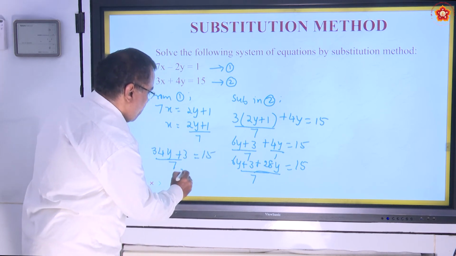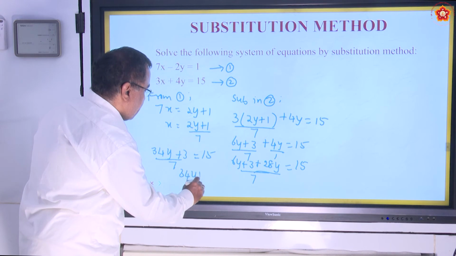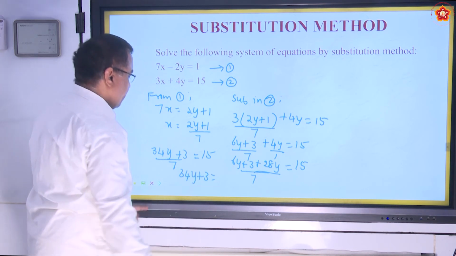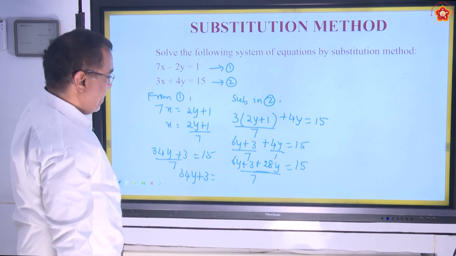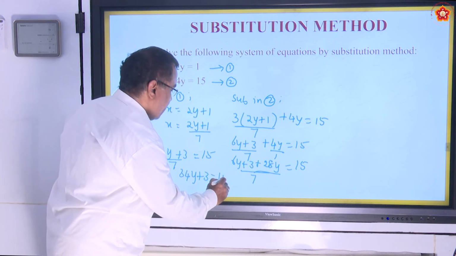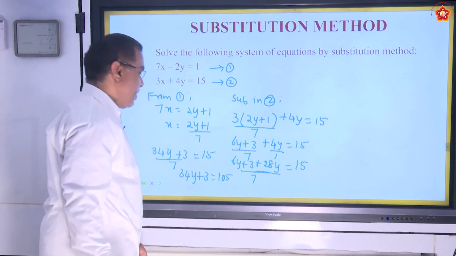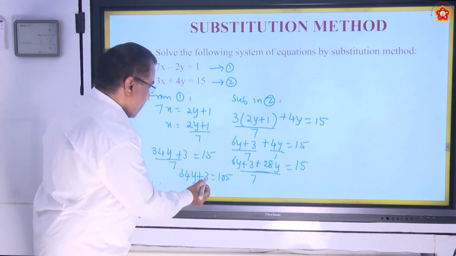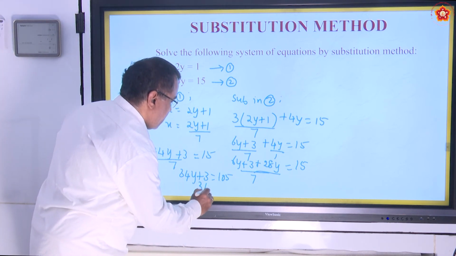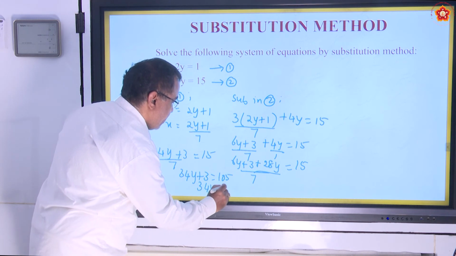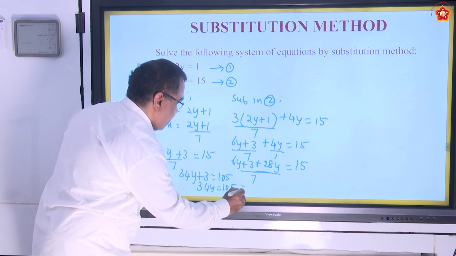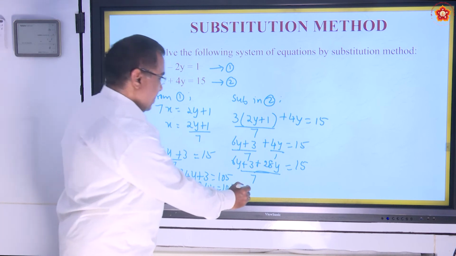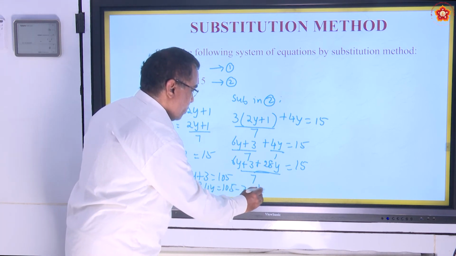Or 34y plus 3 will be 15 into 7, which is 105. So 34y will be 105 minus 3, which will be 102.